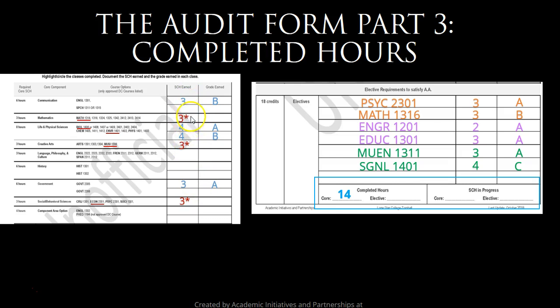Remember, the ones with the stars are actually in progress, so we don't want to count those. And for elective classes, none of these have an asterisk, so all of these are completed hours. And then if we look at the semester credit hours in progress, we have 9 credit hours in the core that are in progress. So this will help you better understand how this part of the audit form will look.